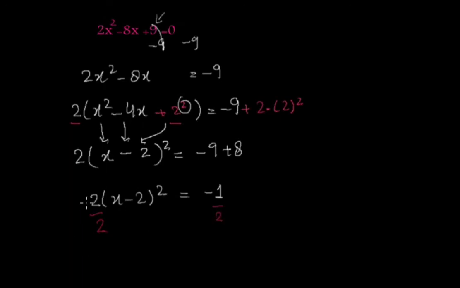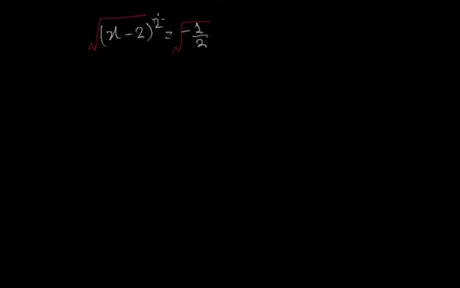That becomes. Now for removing the square, you take the square root on both sides. Now this square cancels with this square root and it becomes x minus 2. And on the right side we have the square root with positive and negative sign.